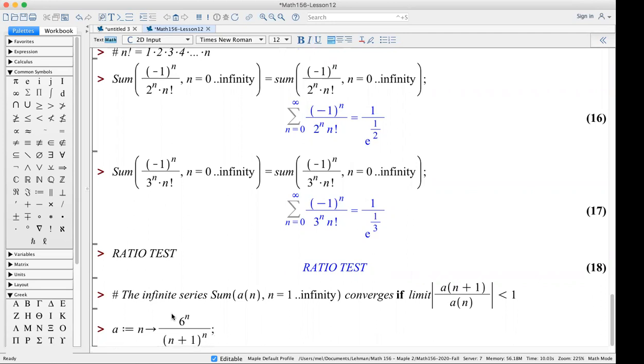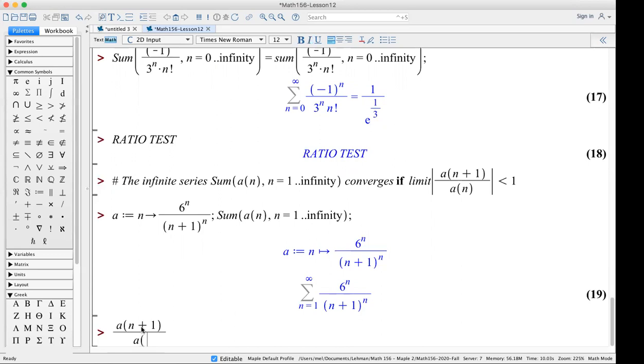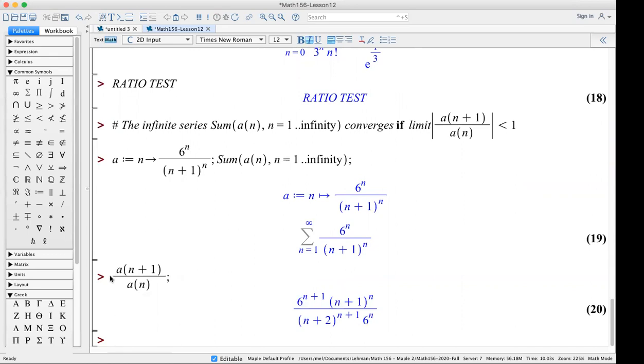And we want to look at the series, the summation of 6 to the n over (n plus 1) to the n. So what we have to consider is a_{n+1} divided by a_n. And what we really want to do is take the limit of this as n goes to infinity.